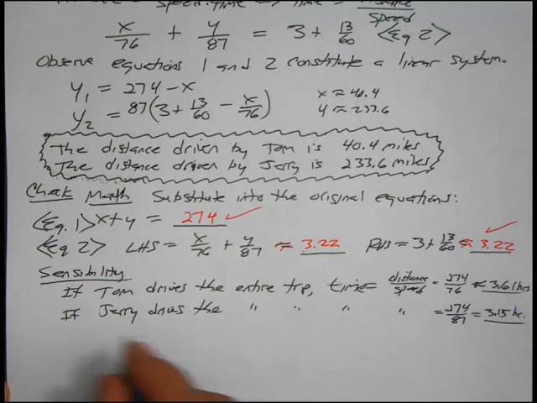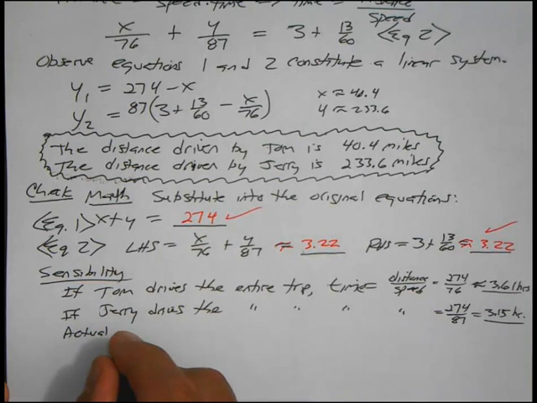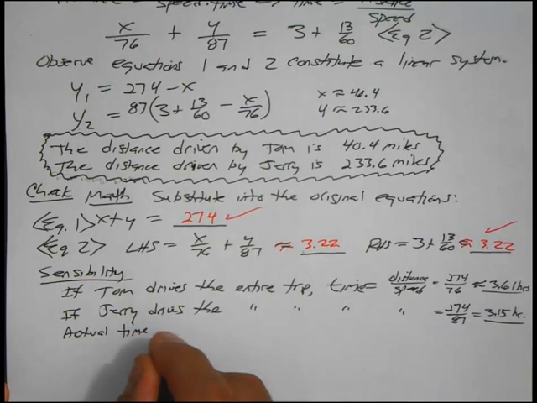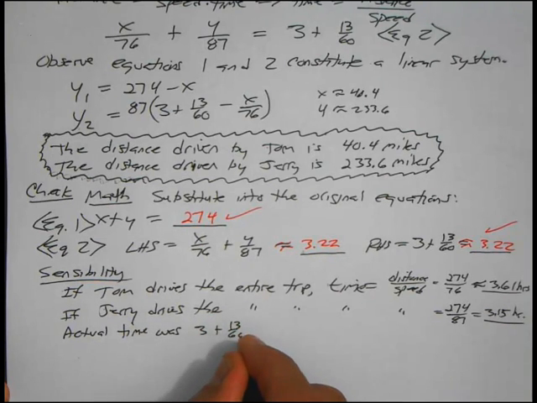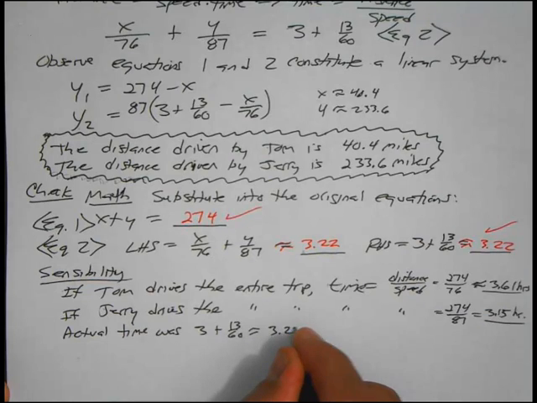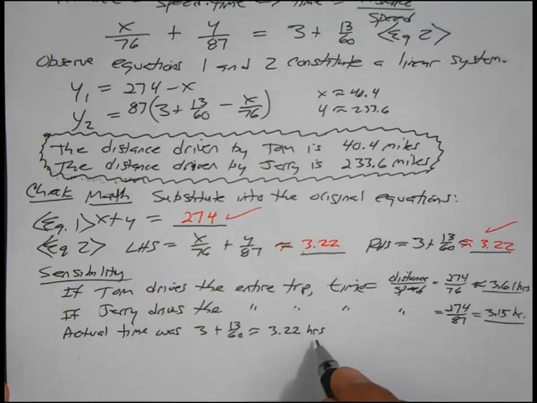Now, the actual driving time was 3 hours and 13 minutes, which we previously rounded as a single decimal number to about 3.22 hours. Compare 3.22 to 3.61 and 3.15. Well, it's very much closer to 3.15.